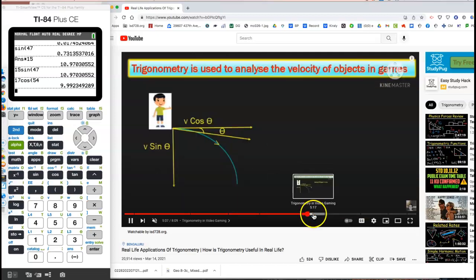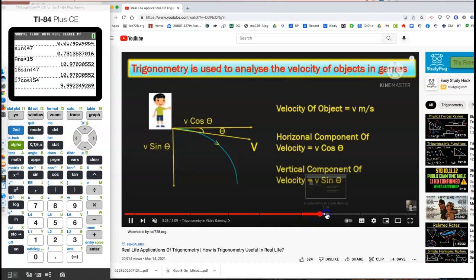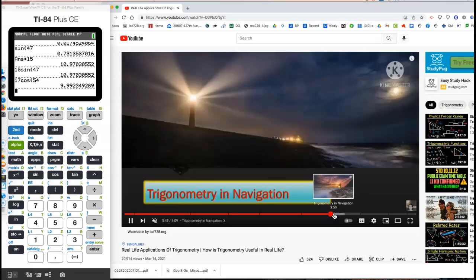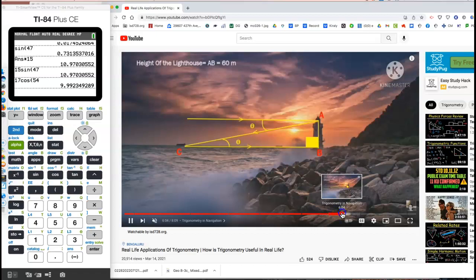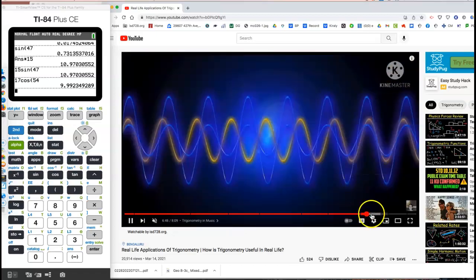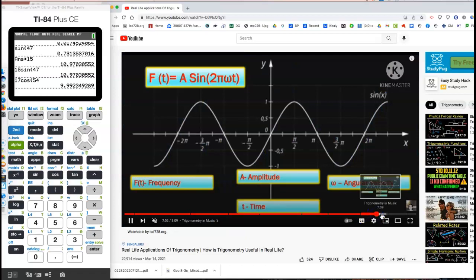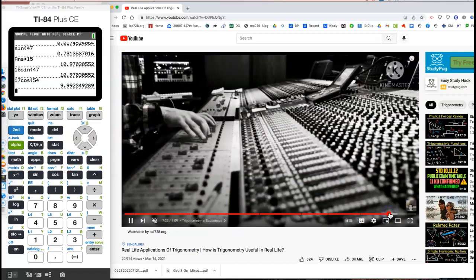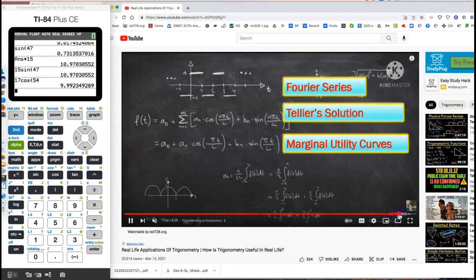Also used in physics for velocities and in gaming. Also used in navigation, so at sea or out in the ocean, again, where things are too difficult to measure by hand. And then these are sine wave frequencies, used in music, and then a whole lot of other stuff that's got some weird higher level math attached to it as well.